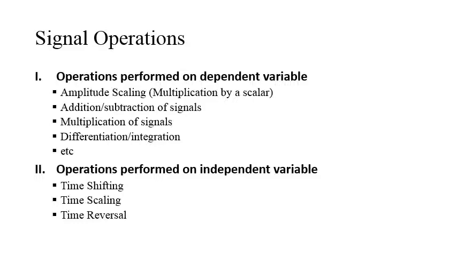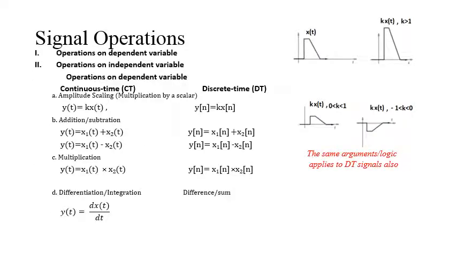As far as the operations on the independent variable are concerned, we have the independent variable here, t, n, and so on, both are the time domain, right? So the operations that can be performed on the independent variable are time shifting, time scaling, and time reversal, right? So let's first have a look at the operations performed on the dependent variable, right?